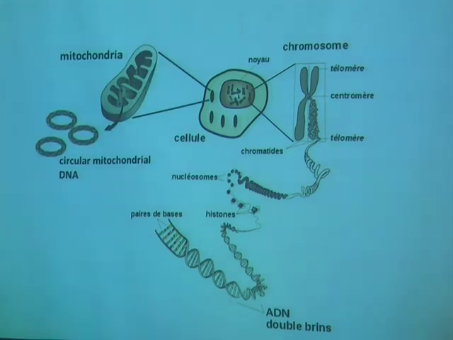The nucleus is not the only organelle in which we have DNA. We have mitochondrial DNA. Mitochondria are these small organelles that are linked to all the energy in our cells. And there are stretches of circular DNA, with many copies of it in each of the mitochondria.